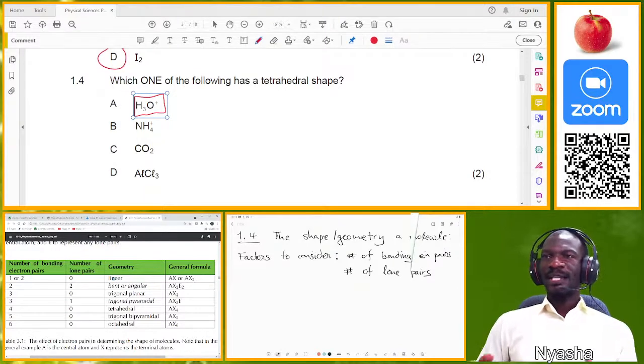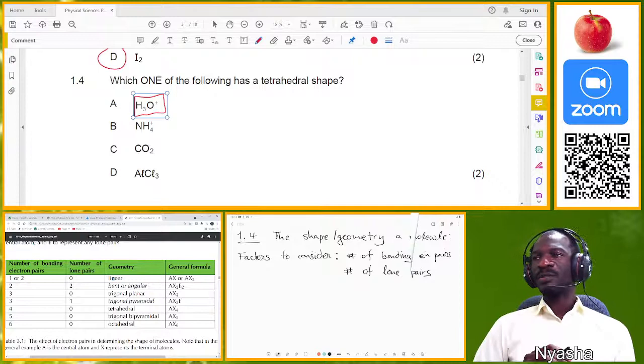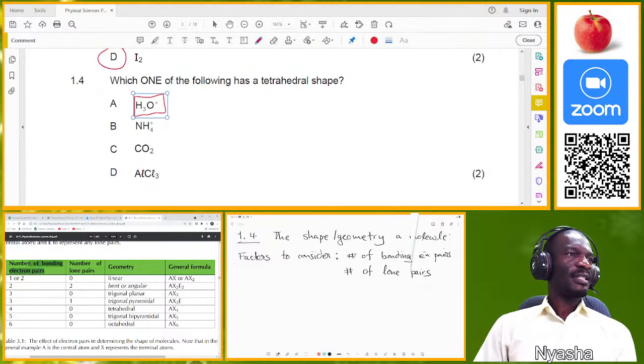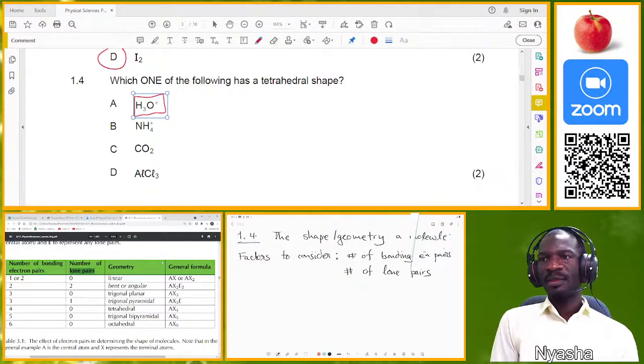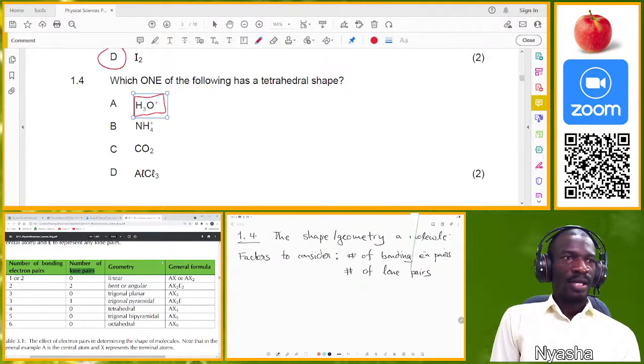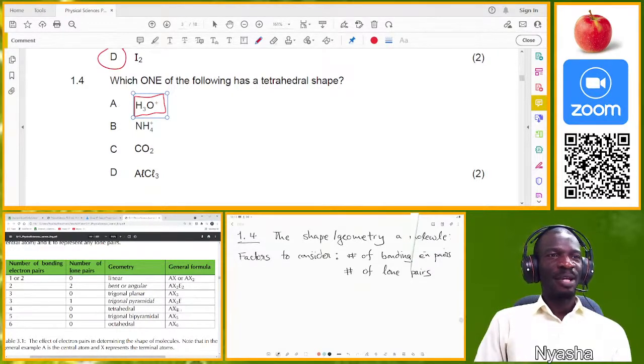Okay, so let's now draw or tabulate our molecules. Find the number of bonding electron pairs. Find the number of lone pairs, and then the geometry will be determined from there. In terms of the formula, someone may want to immediately try and use these formulae, so you can also do that.